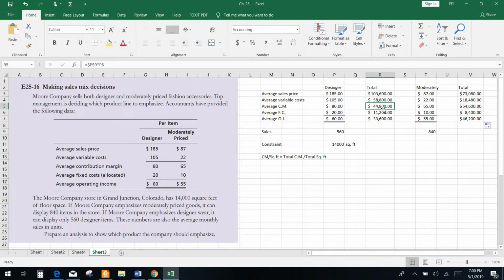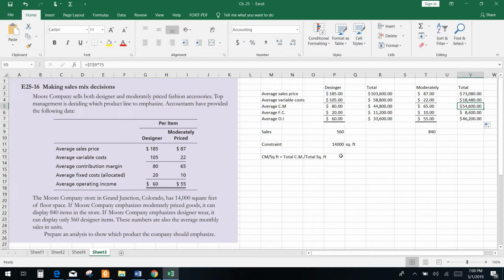The total contribution margin for the designer is $44,000. The total contribution margin for this one is $54,000. Notice how the contribution margin changed. Over here, the average contribution margin was higher than this average contribution margin. But now you'll notice that the total contribution margin for this is lower than the total contribution margin for this.